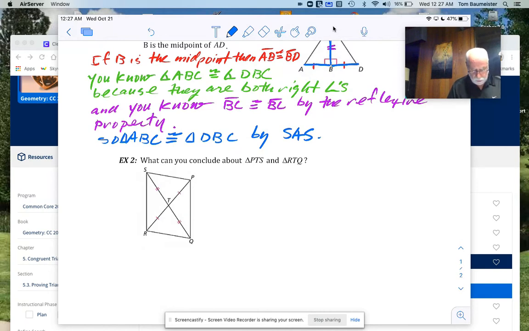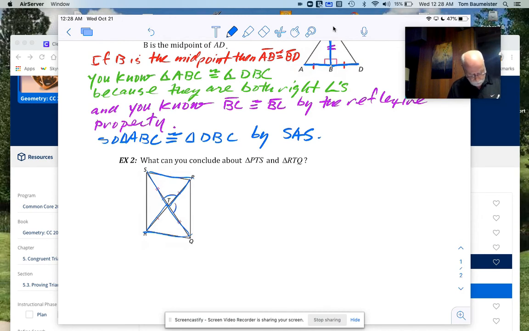On example 2 here, what can you conclude about triangle PTS, that would be this one right here, and triangle RTQ? Now notice what we did. We went through the side that is marked once. We're looking at that angle, and we're not going to call it just plain angle T, because there's more than one angle T there.